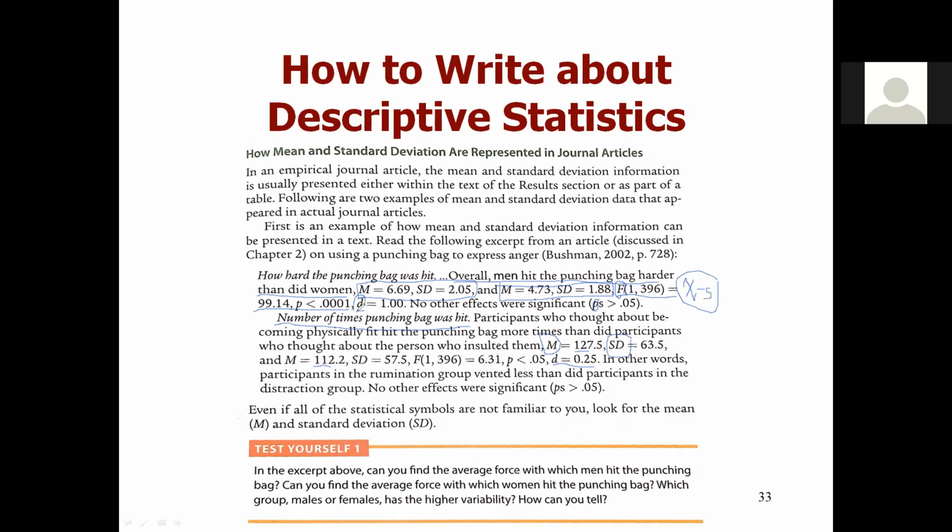All of these statistical terms are in italics, and that's the requirement of the APA. Okay, so we'll have to learn how to write something similar to this using chi-square. In fact, there is an example in that reading that I gave you for chi-square, and I'll talk to you about it on Thursday.